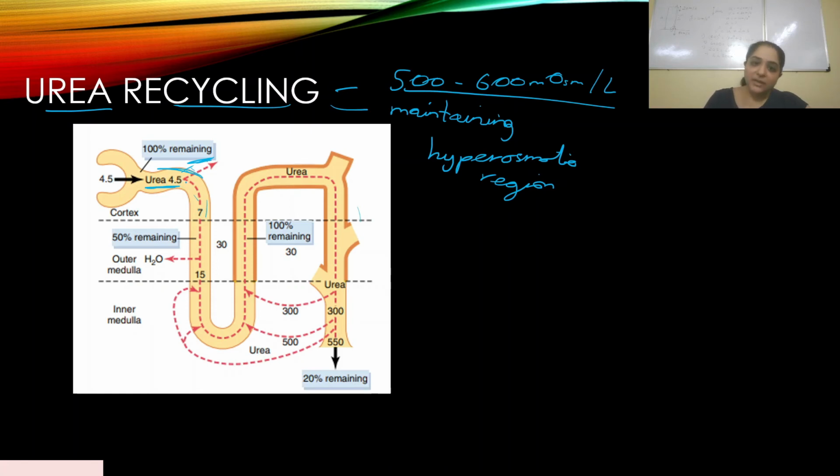So urea moves down the descending limb of the loop of Henle. The descending limb is permeable to water, so water is again moving out. So the urea concentration keeps increasing, because water is just moving out. We are only focusing on urea.